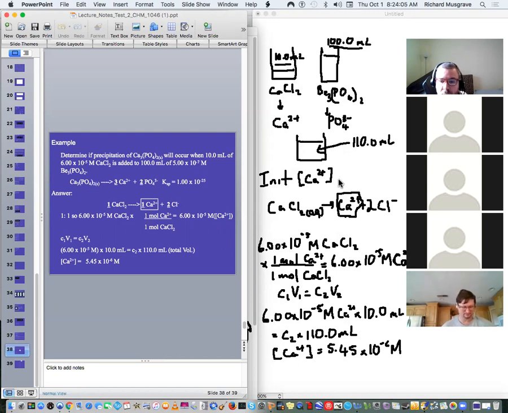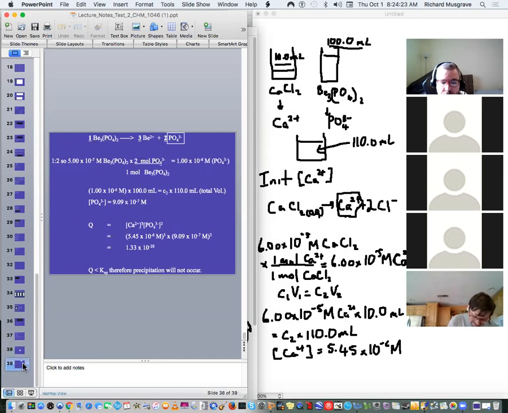So the calcium chloride and the calcium 2+ are going to have the same concentration. We then account for the dilution of taking 10.0 mL and putting it into 110.0 mL. And then that comes out with the final concentration of calcium 2+.